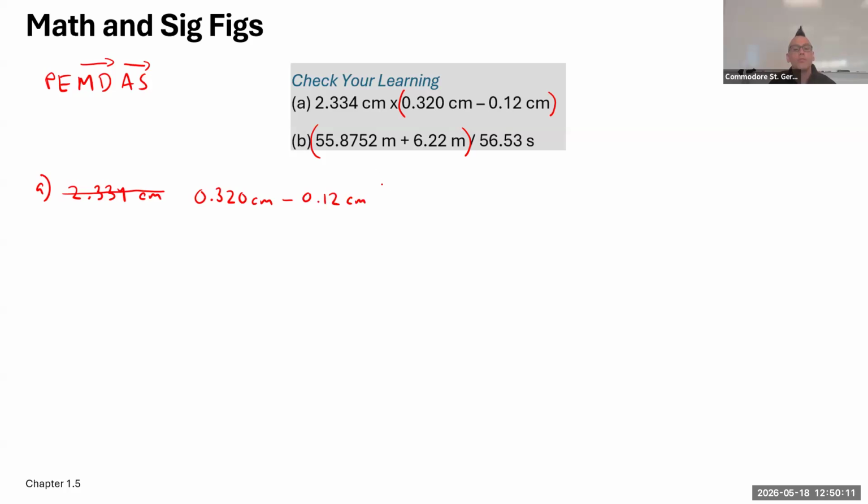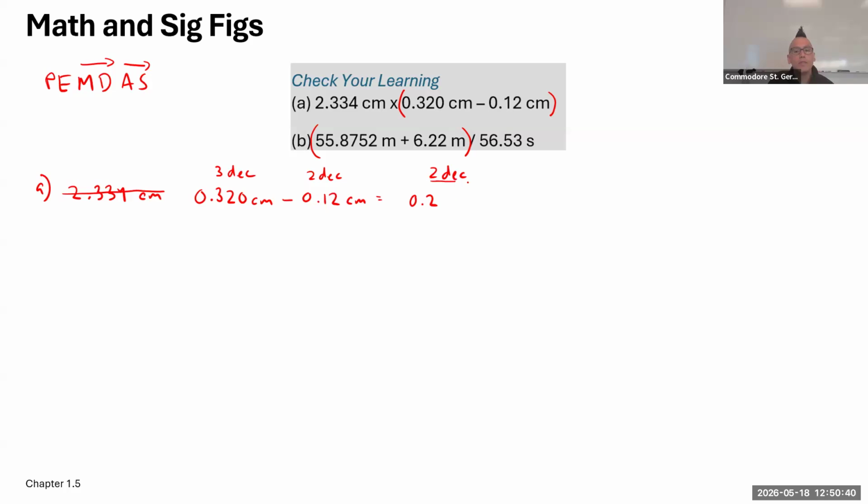0.12 centimeters. All right. So since it's subtraction, we have three decimal places here. Here we have two decimal places. So our answer is going to be two decimal places. Let's do the math. 0.320 minus 0.12. My calculator says 0.2.